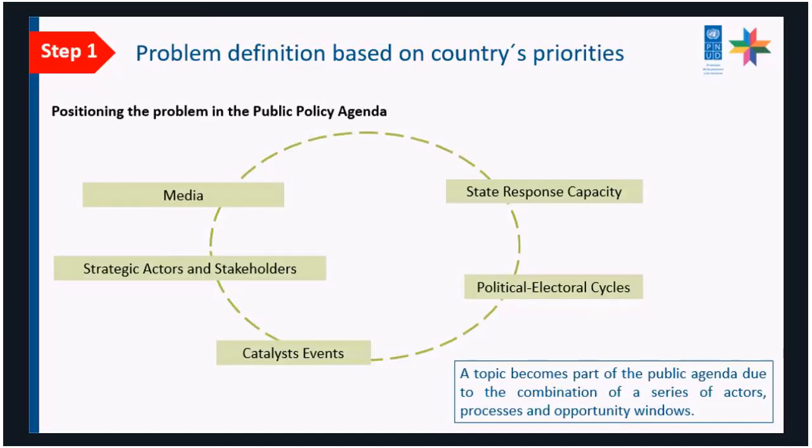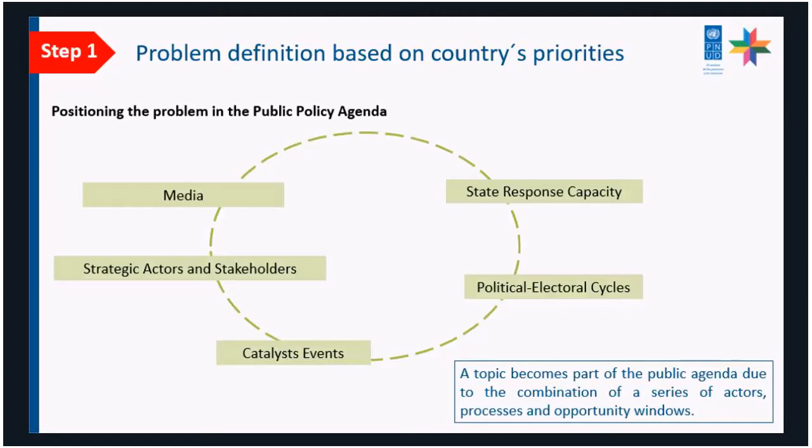Also, it's important to consider those catalyst events. These are events that occur that we didn't expect to occur in a country, but they have a great power and influence to put some social problem in the agenda.